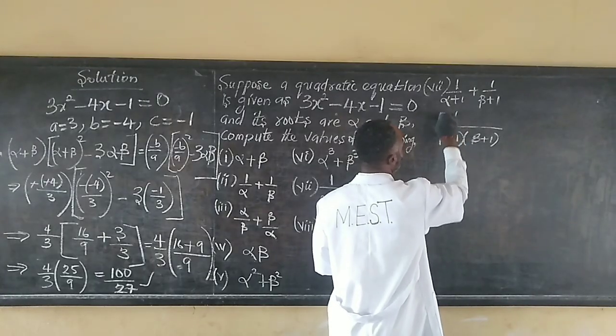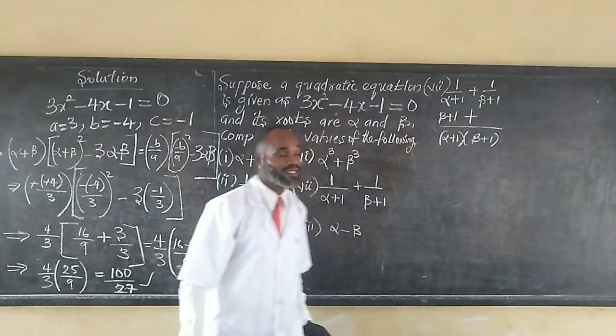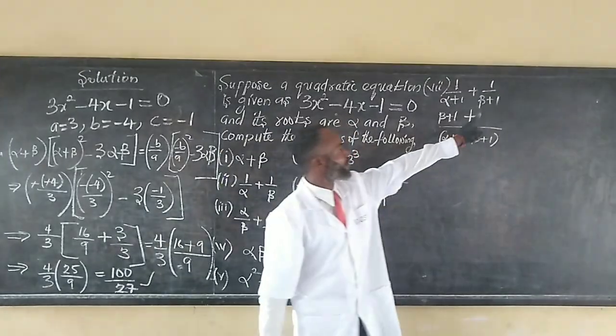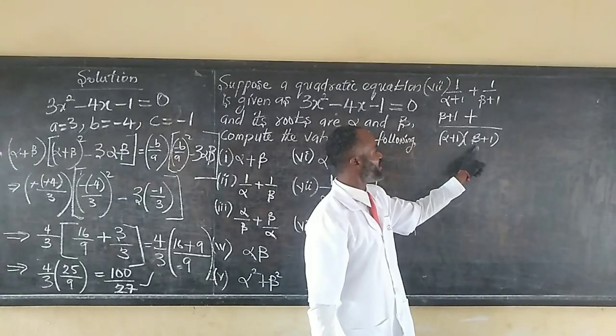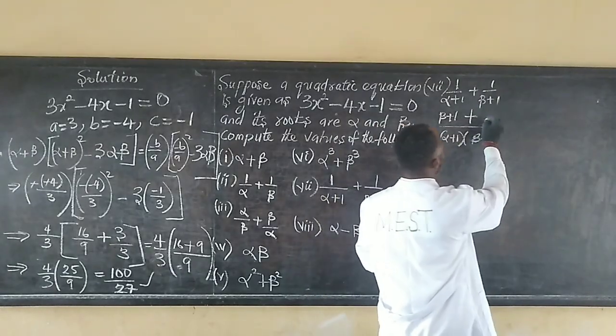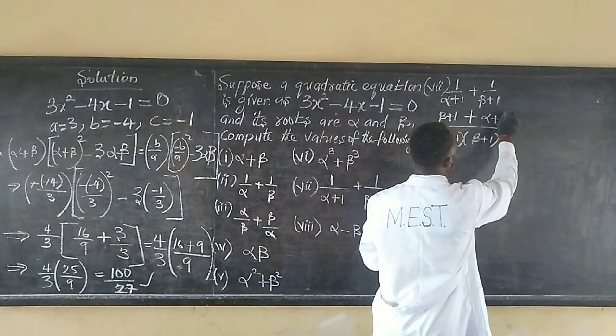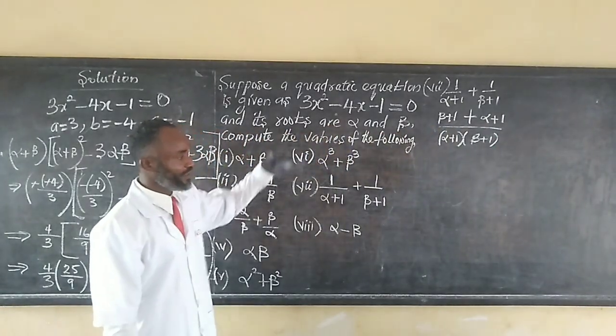We put a big plus. And look at this. If this divides, it is going to cancel this, and what remains is this. This multiplied by this is going to be alpha plus 1. Good. We take it again in that order.